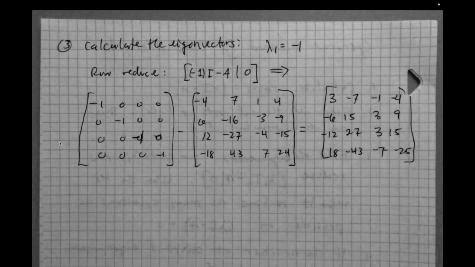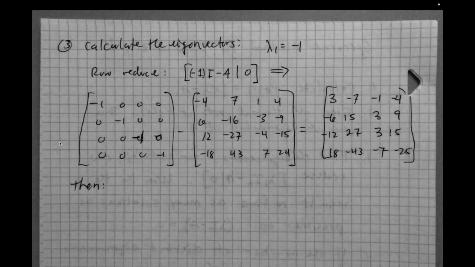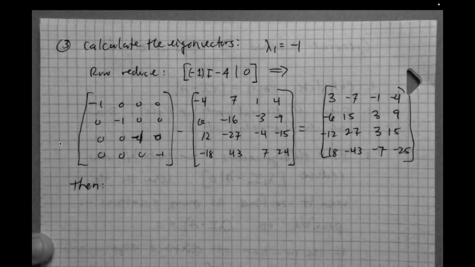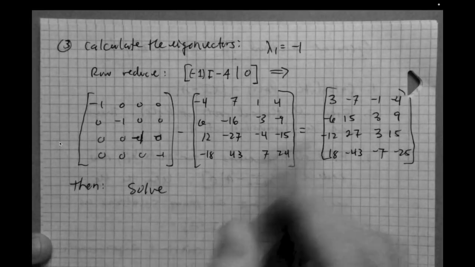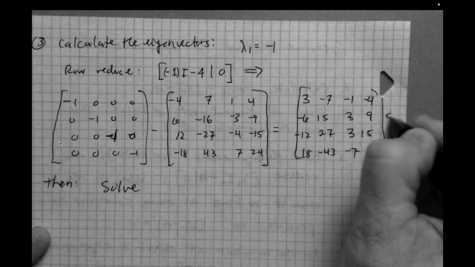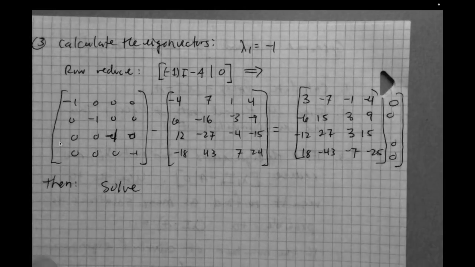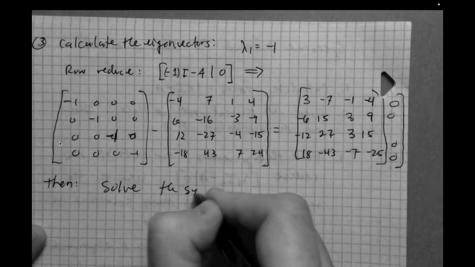Then you have to solve the system based on this. Basically, just augment this with a 0 column and solve the system.